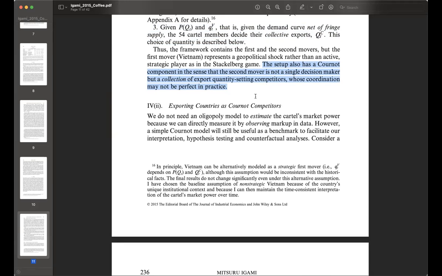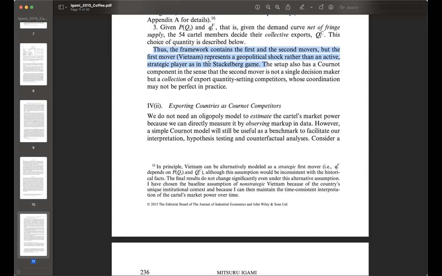Okay. There's another thing. Later on, we'll be talking about the Stackelberg game. A Stackelberg game is a Cournot, but with a first mover. The point he's trying to make here is it's only a Stackelberg game if the two competitors are behaving strategically, meaning they're aware of the response of the other player. What he is saying here is that the growth of Vietnam is more of a shock.